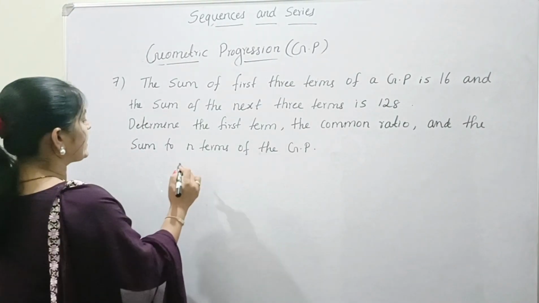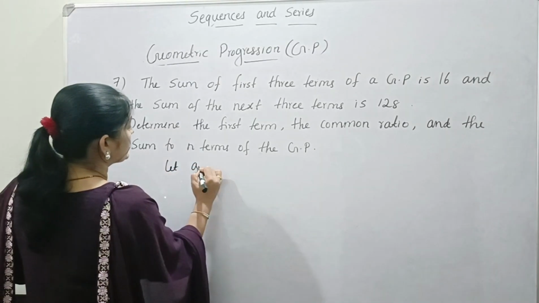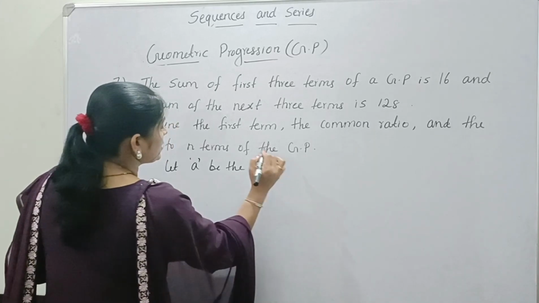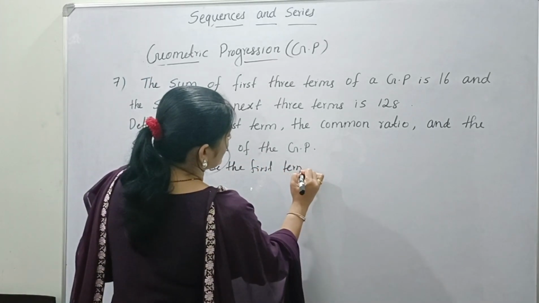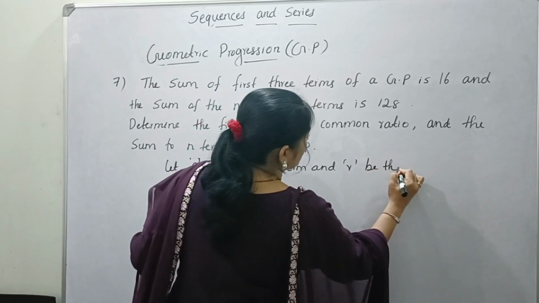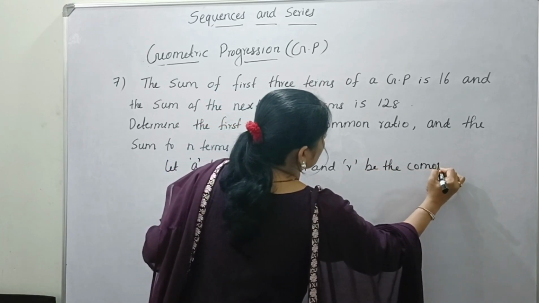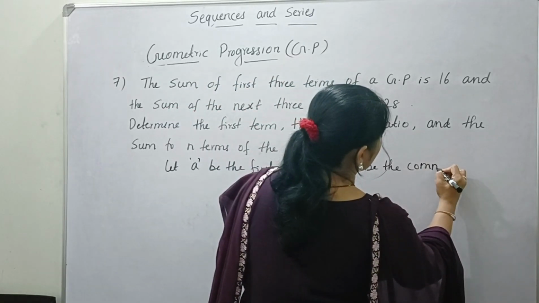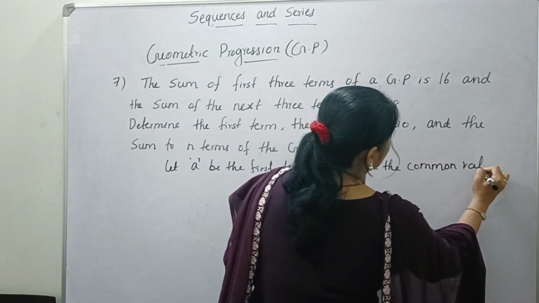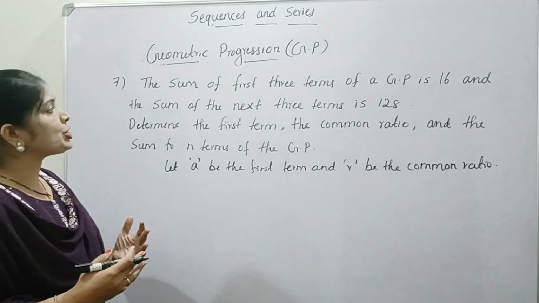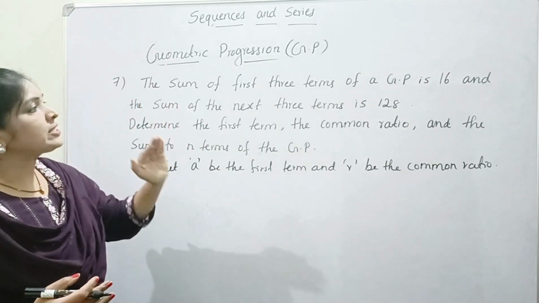So first of all, let a be the first term and r be the common ratio. Okay. So see here, what is the condition? First, the sum of first 3 terms.